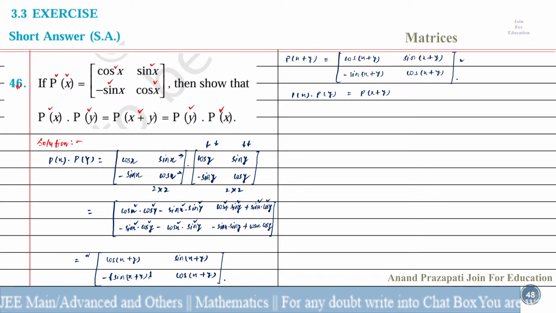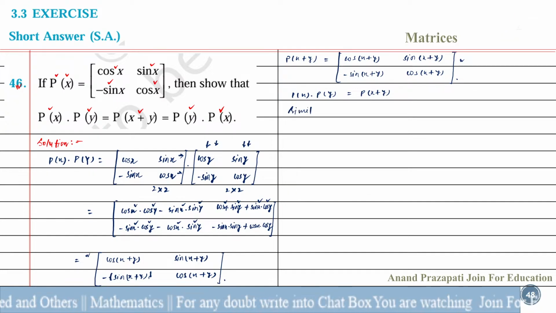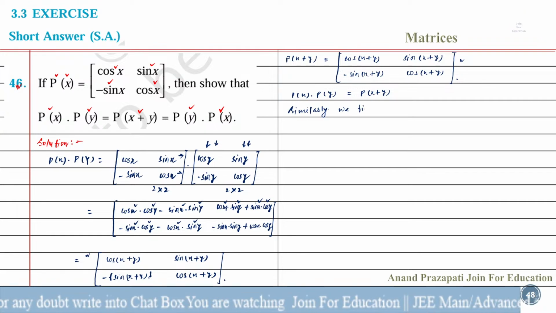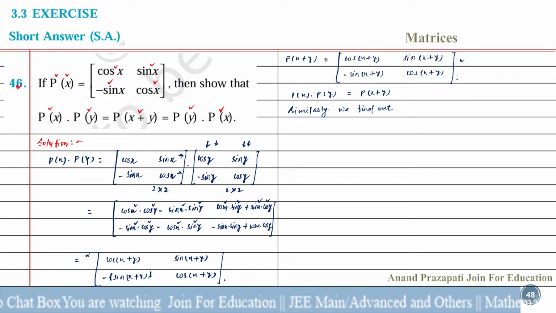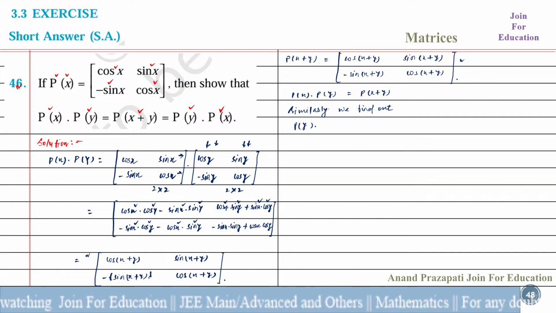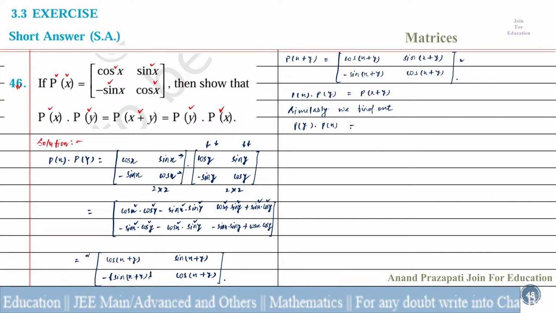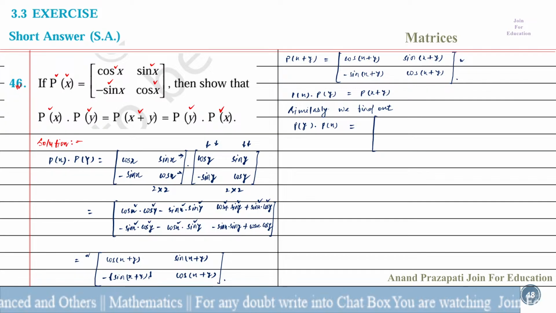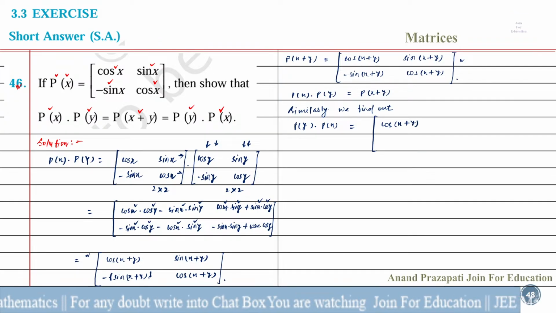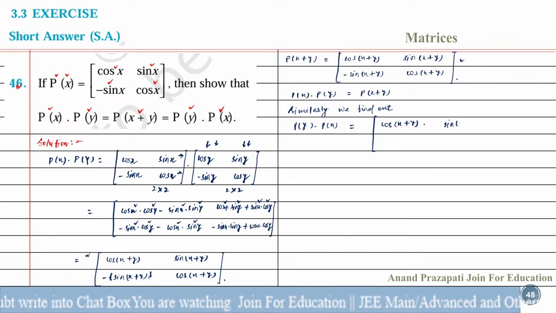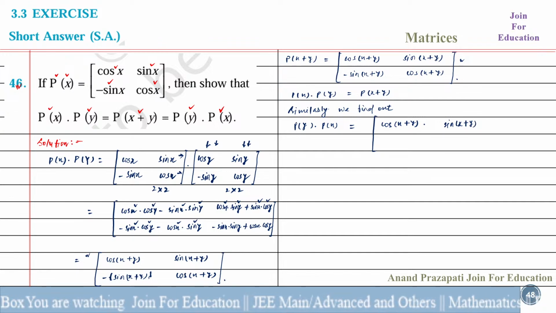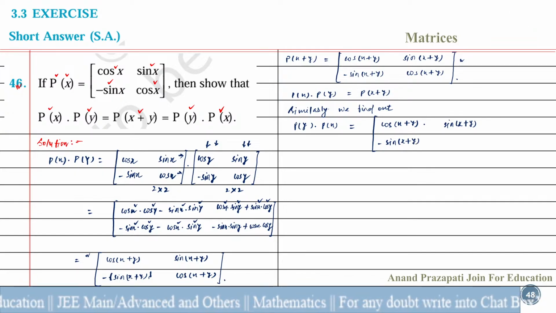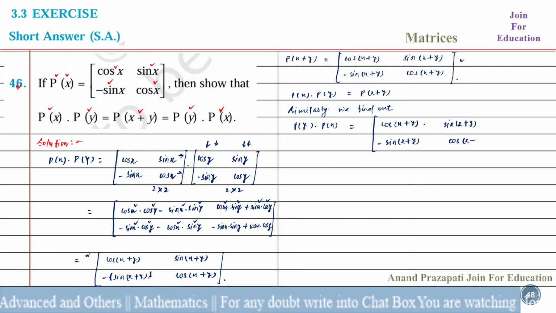Similarly, we find out P(y) into P(x) equal to also cos(x plus y) into sin(x plus y) minus sin(x plus y) cos(x plus y).